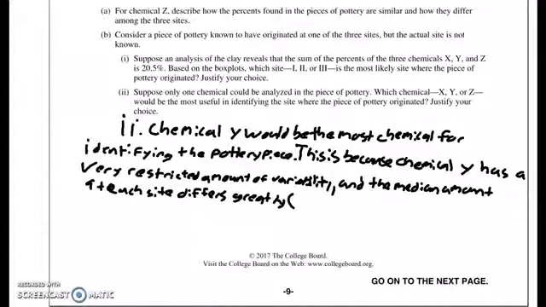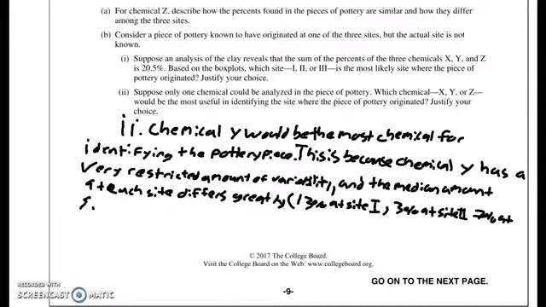Then we just cite it's 13% at site 1, 3% at site 2, 7% at site 3.